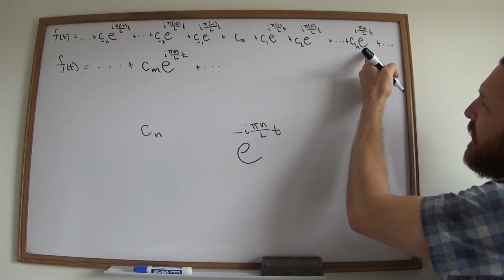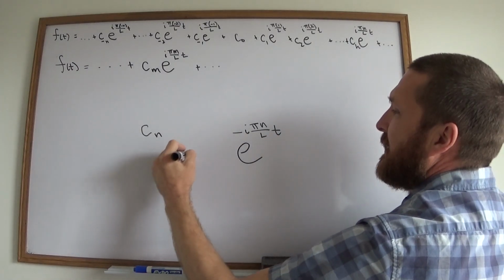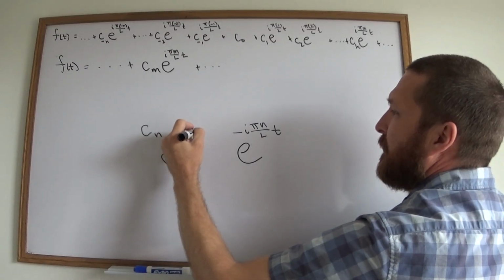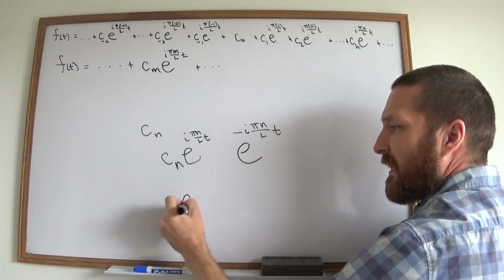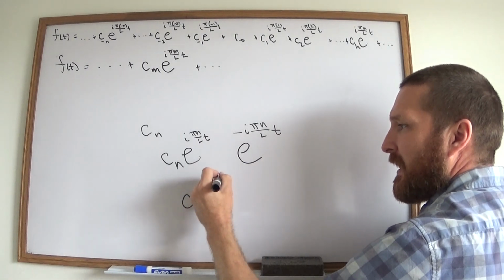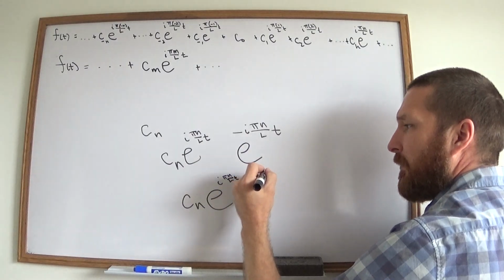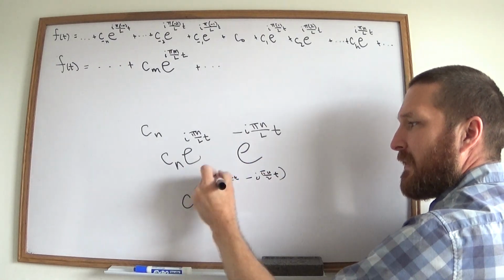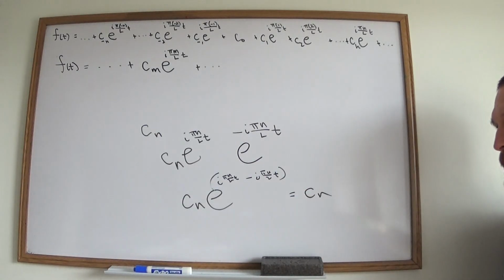When you multiply it right here, what's going to happen? Well, you're going to have your C_n e^{i π n t / L}. Multiply these two things together, it's the same thing as e^{i π n t / L - i π n t / L}. This is just a big fat zero in the exponent, and all you're left with is just a C_n.